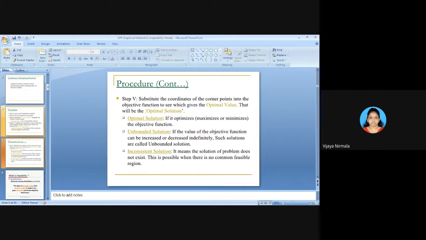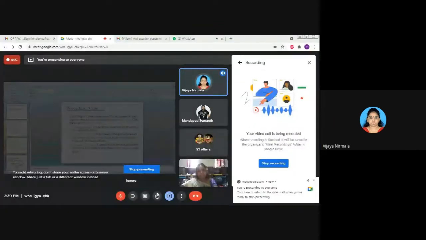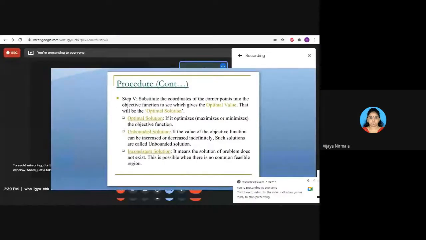And next in step 5, substitute the coordinates of the corner points into the objective function, to see which gives the optimal value.